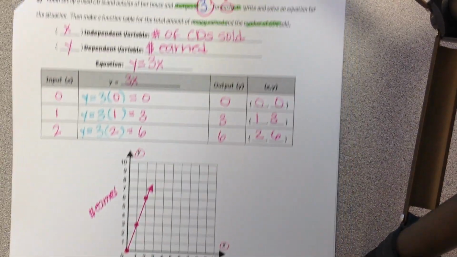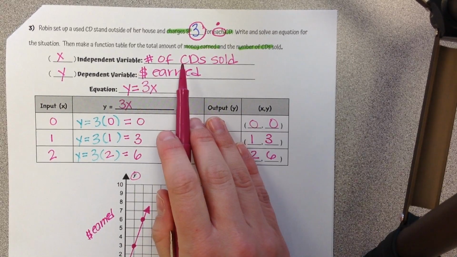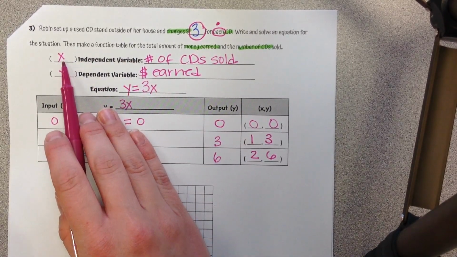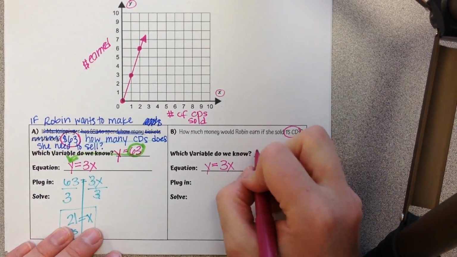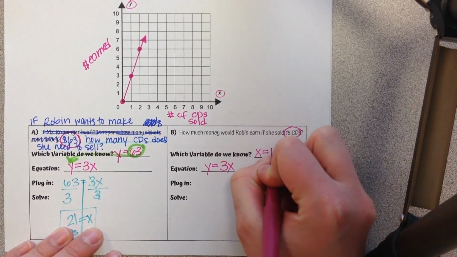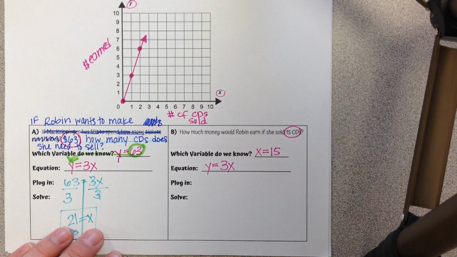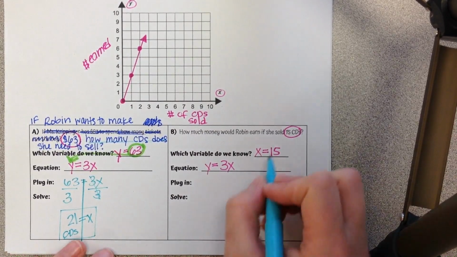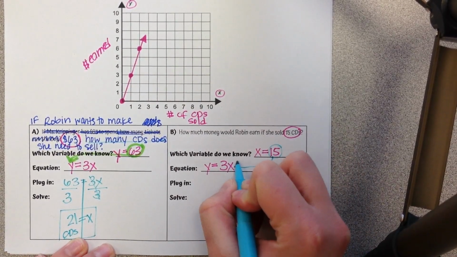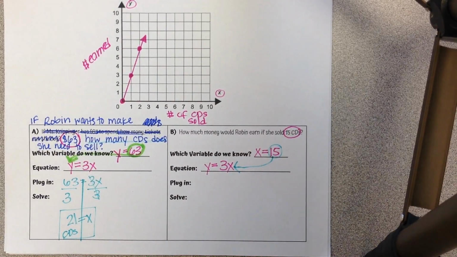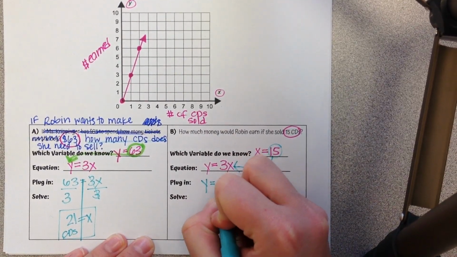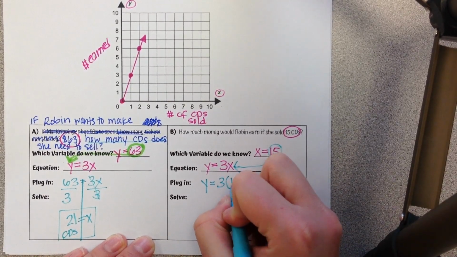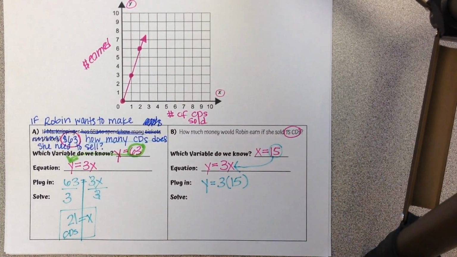CDs is, if I look back up, number of CDs is my x variable. So I know that x equals 15. So when I'm solving, I'm replacing x with 15.